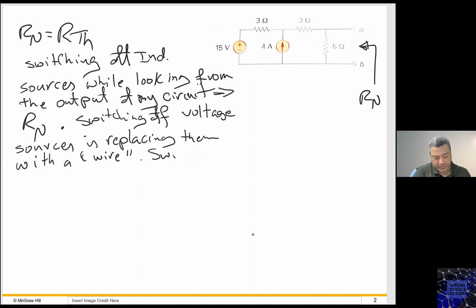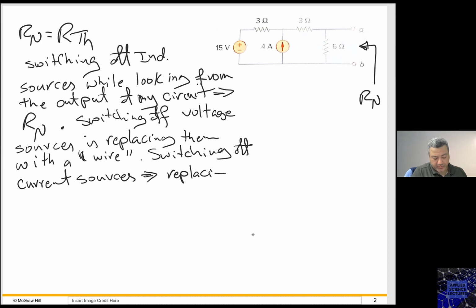Switching off current sources, and again, only independent currents, is replacing them with an open circuit.